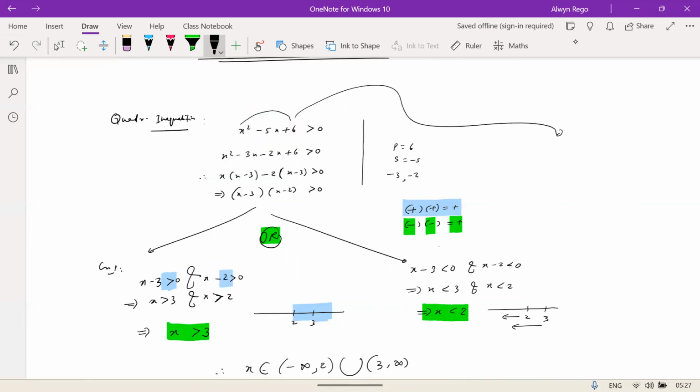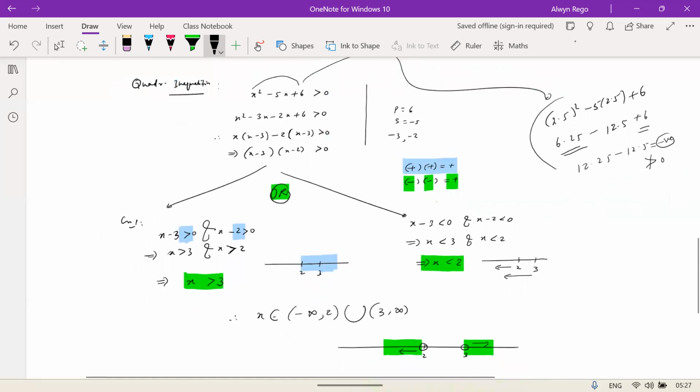Supposing x is 2.5, which is not in the zone, you'll find that 2.5 squared minus 5 times 2.5 plus 6 would give you 6.25 minus 12.5 plus 6. 6.25 plus 6 gives you 12.25, minus 12.5. Obviously 12.25 is less, so this is a negative value. So this is not more than 0. So the values between 2 and 3 are not satisfied.